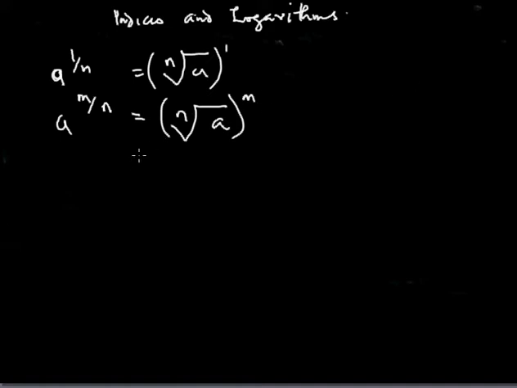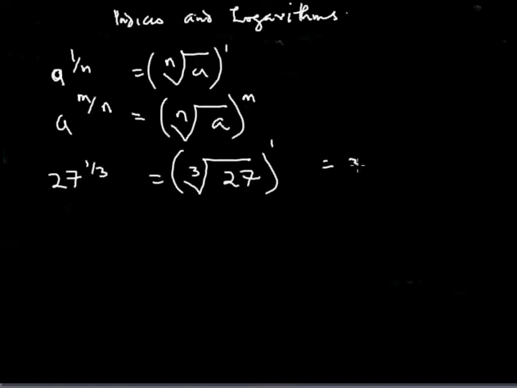So when we have 27 raised to power 1 over 3, it is the same thing as the cube root of 27 multiplied by 1, which is the cube root of 27, which is the same thing as 3 times 3 times 3. So the answer is 3.